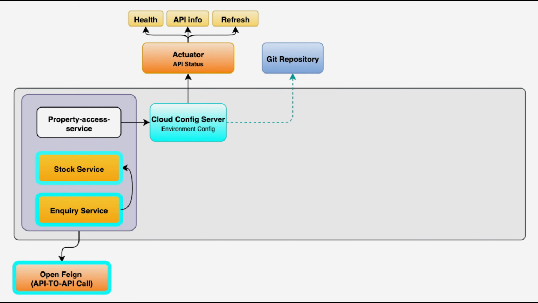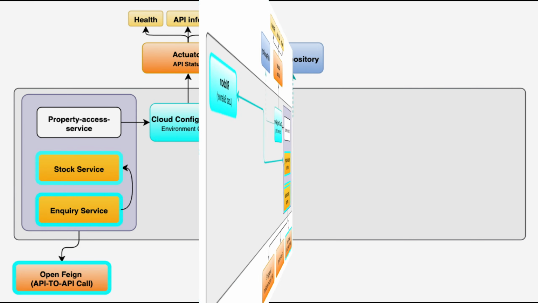So far we have learned to create basic Spring Boot microservices and how through Feign client we can call another microservice's entry point. For understanding this, we created two microservices. One is stock service and the other is inquiry service, and we were able to make an API call from inquiry service to stock service through Feign client.